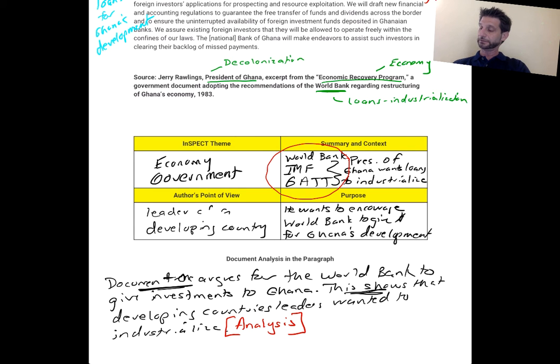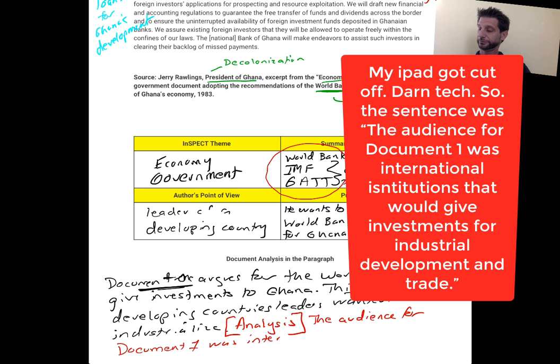So I can just say, the audience for document 1 was international institutions that would give investments for development. Or actually, something better, international trade. That way we provide something that's not so repetitive, but we do give a little bit more context.